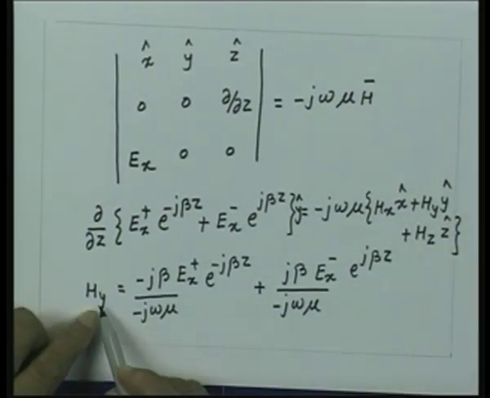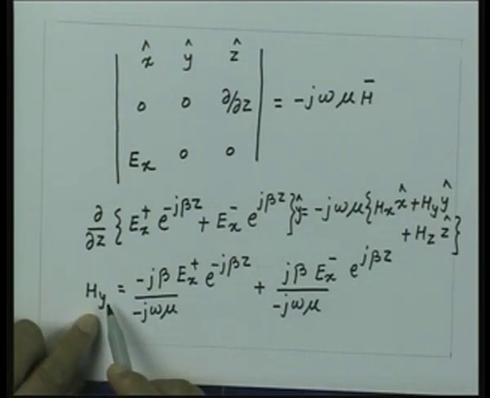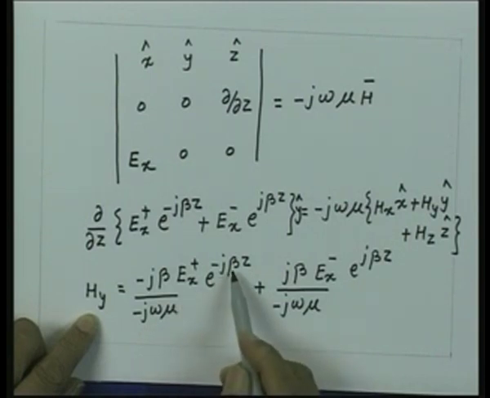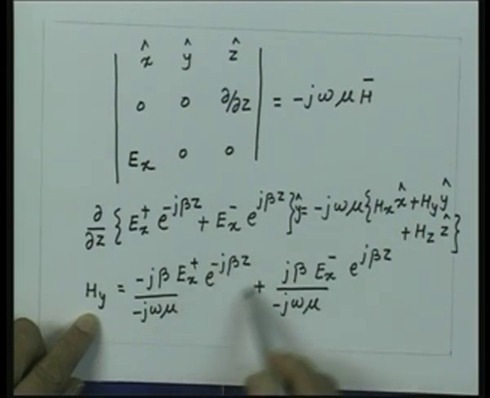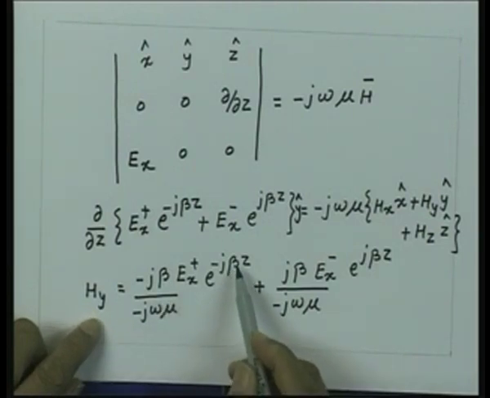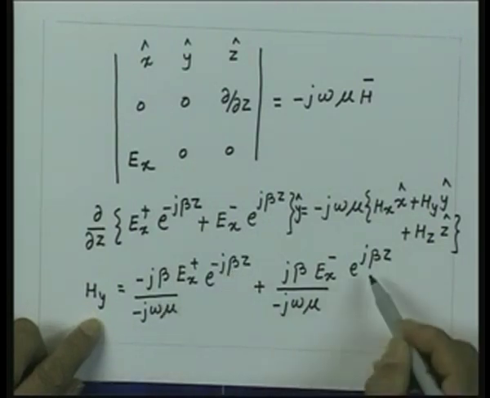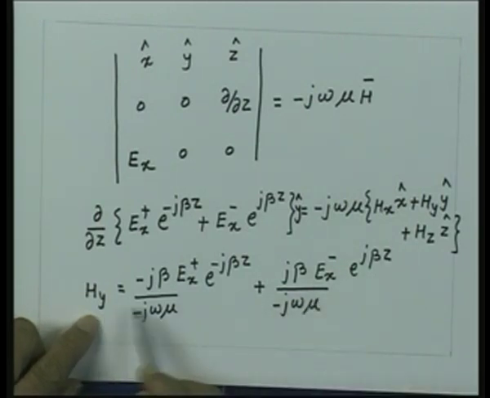So, the magnetic field which is having now the y component also has variation which is wave variation, because this term e to the power minus j beta z represents a travelling wave in positive z direction. This will represent a travelling wave in negative z direction. So, Hy also has two components corresponding to the two travelling waves.